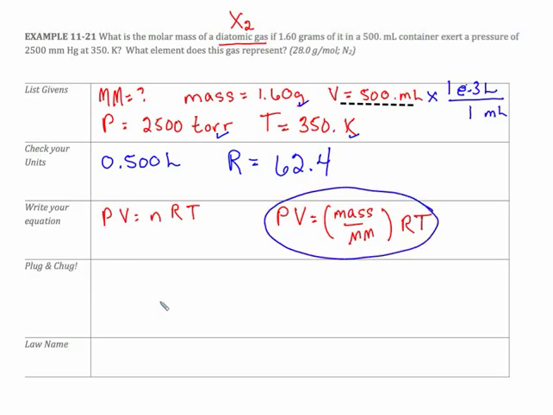Now, I like to solve a literal equation. That means without values. So molar mass is, I'm going to cross multiply and bring my molar mass over to this side. So it's mass RT. And then since PV would be multiplied here, I divide them when I cross multiply to get them to the other side.